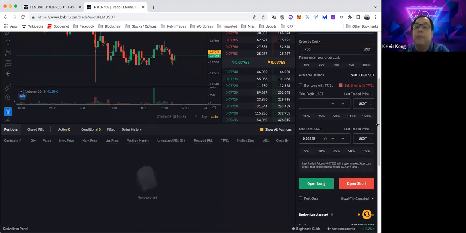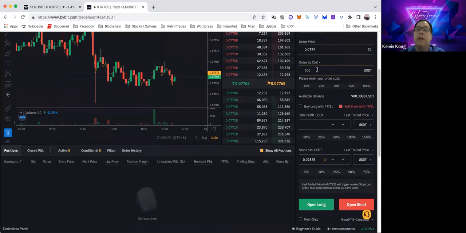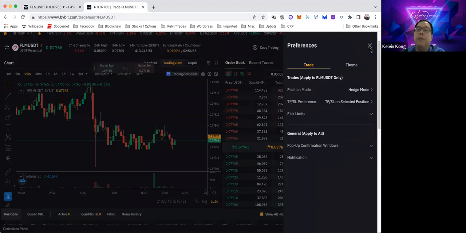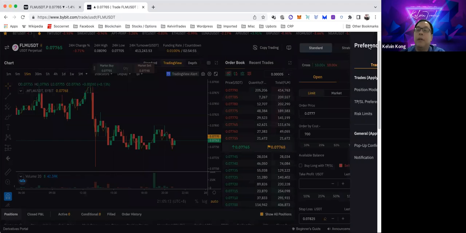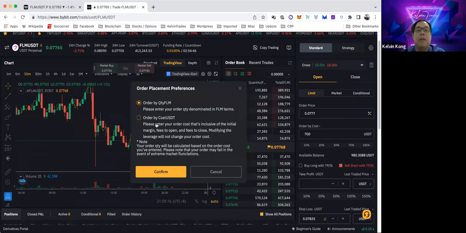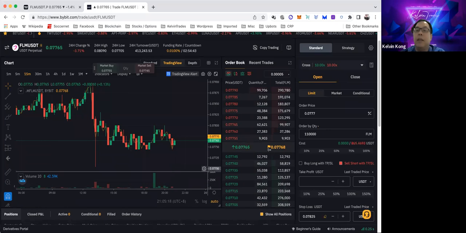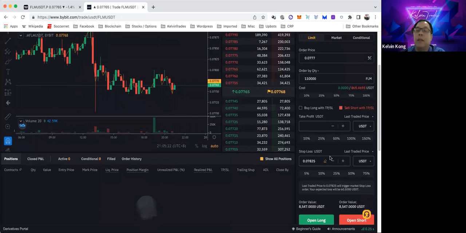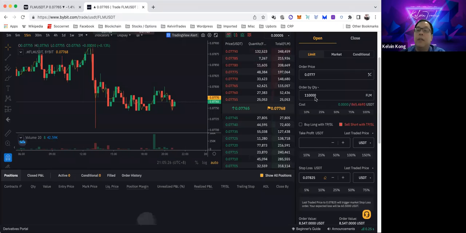The position size. Okay, this is the cost. If you, as I said, go by order by quantity, this exceeds already, so 7,700 will be somewhere around, let's try 9,000.